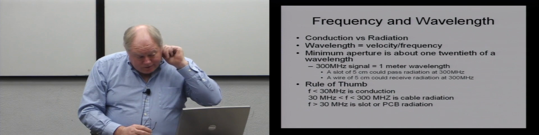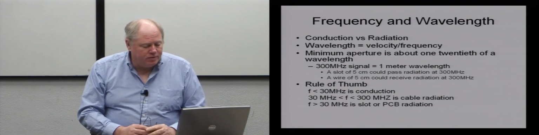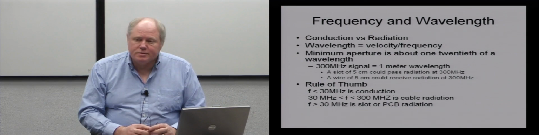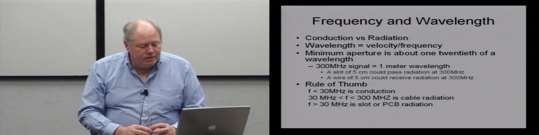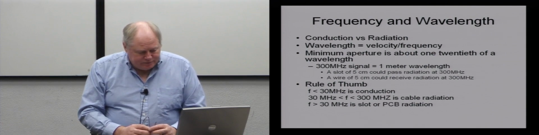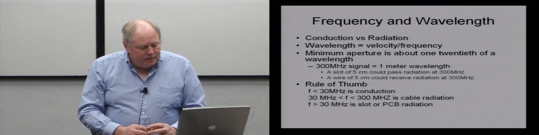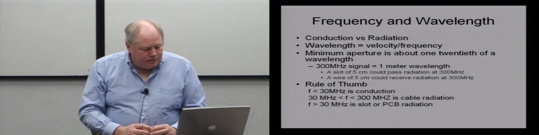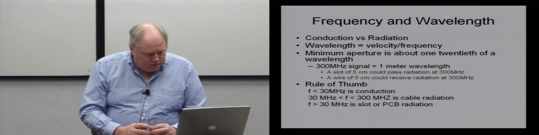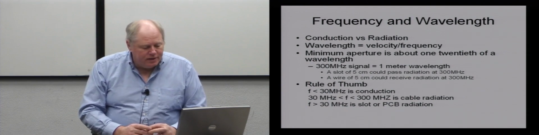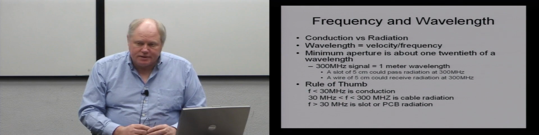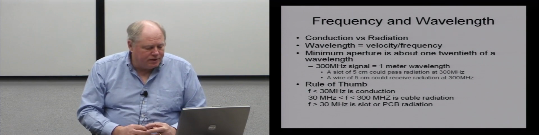But sort of in the general rule of thumb, and rules of thumb are always meant to be broken, if your problems are at less than 30 megahertz, it's probably a conducted thing. Between 30 and 300 is probably some kind of combination of conducted and radiation. And if you're talking about frequencies that are above 300 megahertz, and there's a slot or PCB, it's probably something that's a small feature in the device itself.